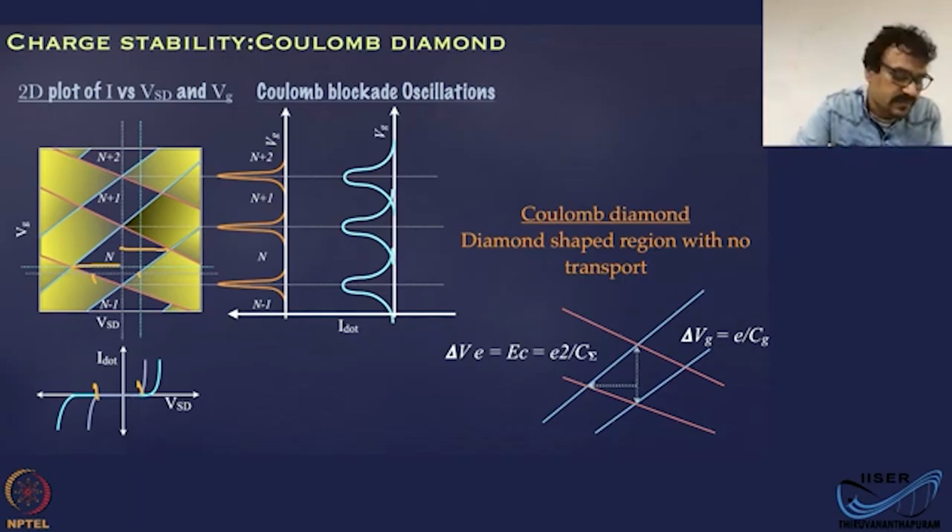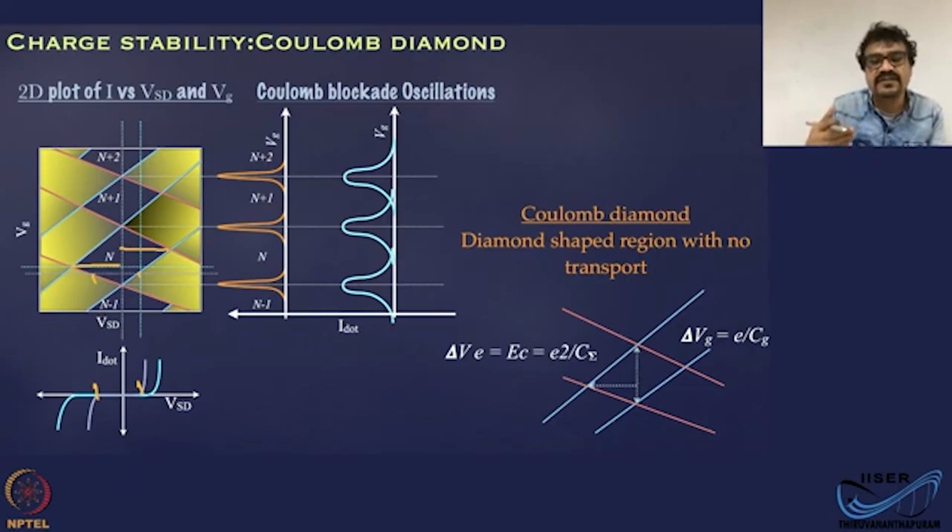Similarly, the periodicity here should be e by Cg, because this diamond differs by one electron. So inside this diamond, you have a charge which is stable. There is no transport, the charge is locked. Okay, so you have n plus 2, n plus 1, n minus 1, and so on. So the distance between two diamonds, or the size of the diamond in the y direction here, should be equal to one electronic charge.